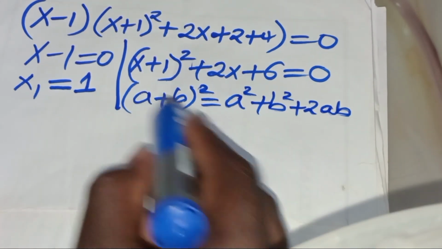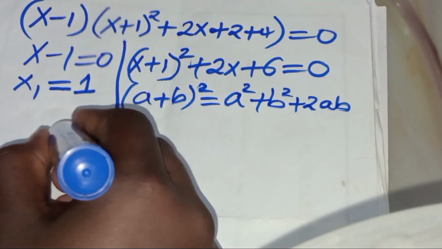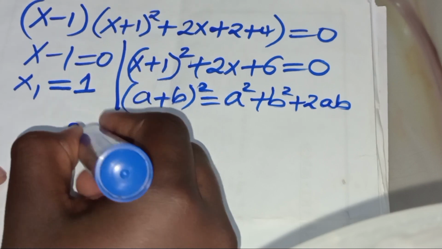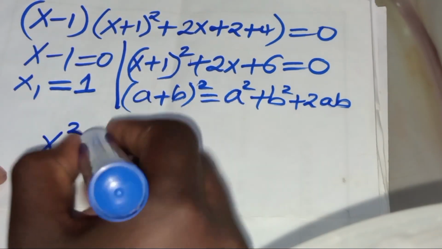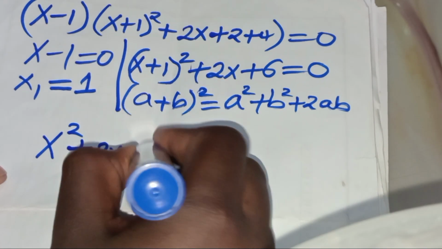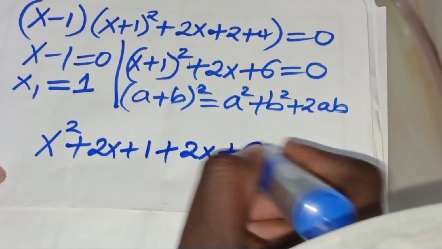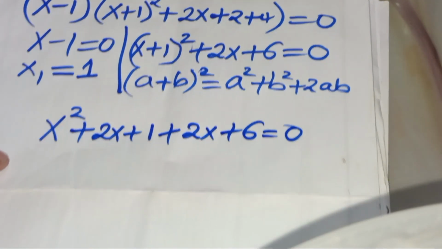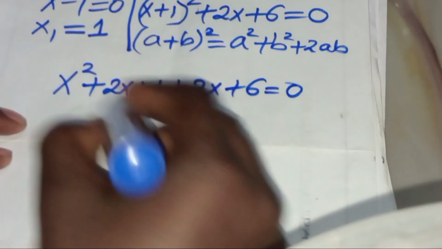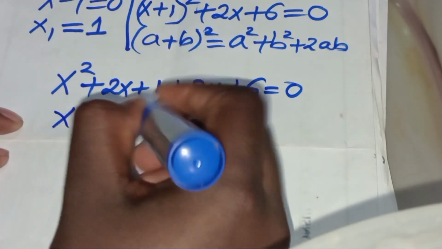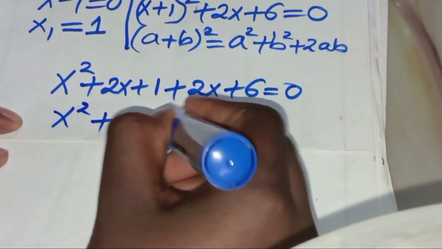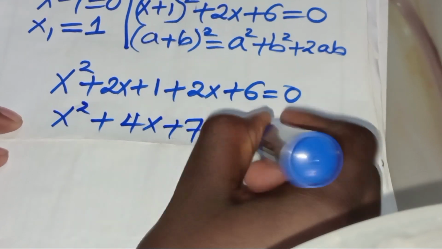Applying this property, we'll have x^2 + 2x + 1 + 2x + 6 = 0. Now this is x^2 + 4x + 7 = 0.